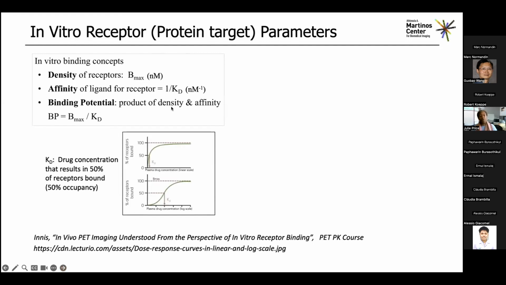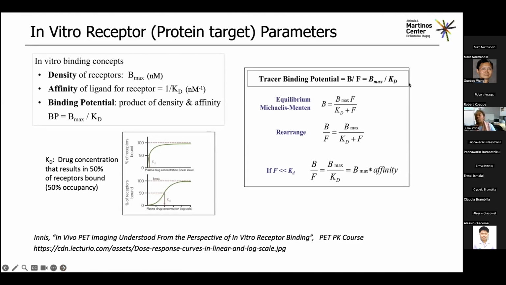And just for a graphical depiction, the KD is a concentration that results in 50% of these protein targets occupied. It's the concentration that occupies 50%. And just in terms of tracer, when we deal with tracer levels where there's very little unlabeled radioligand present, and that's the concentration conditions that we often perform these studies, we describe the relationship between what's bound and free in terms of the Michaelis-Menten equation.